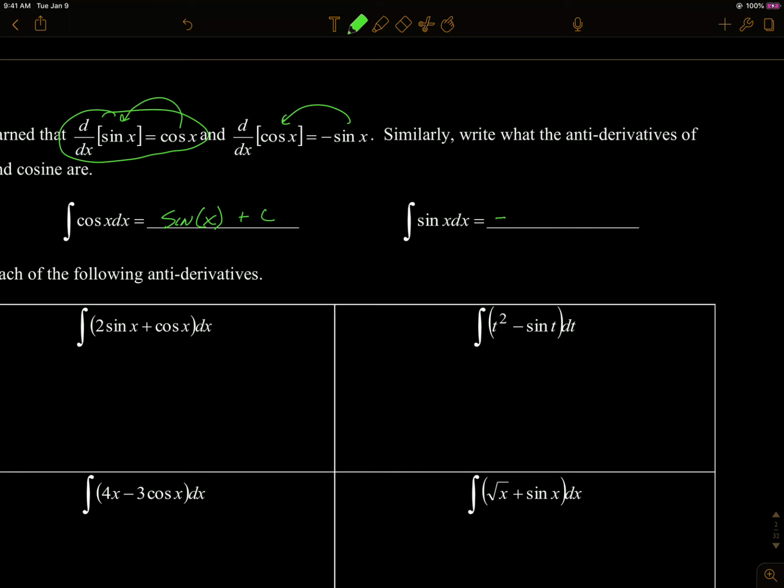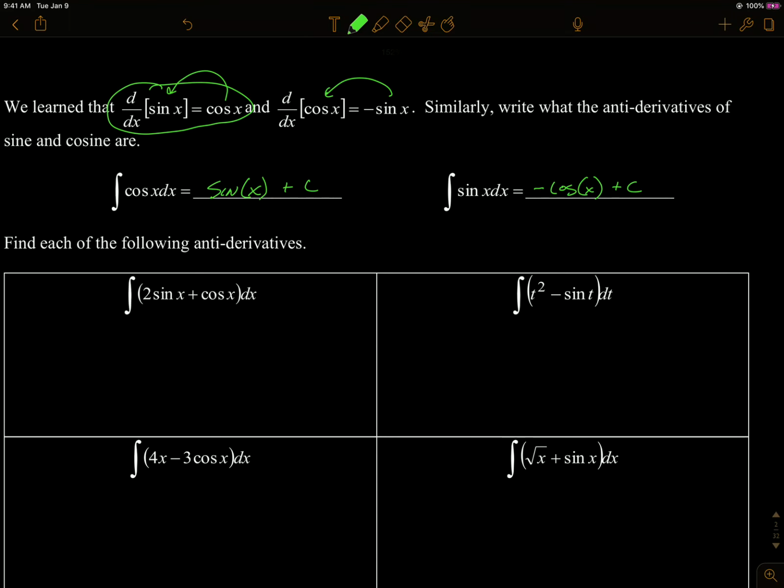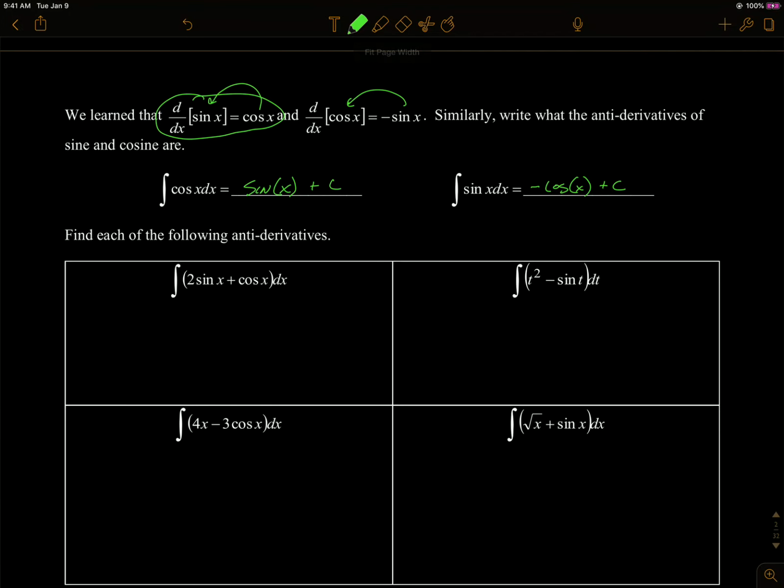That means it's going to be negative cosine plus our constant of integration. Okay? So whatever rules you remember for derivative, now it's backwards in terms of negative signs, right? So when you did the derivative of cosine, that's when you had to switch the sign. Now it's when you do the integral of sine that you have to switch to a negative sign. So we'll just figure that out in practice.